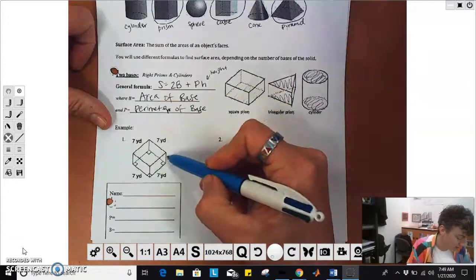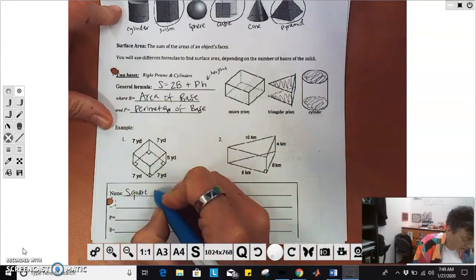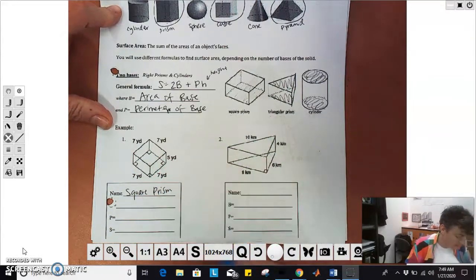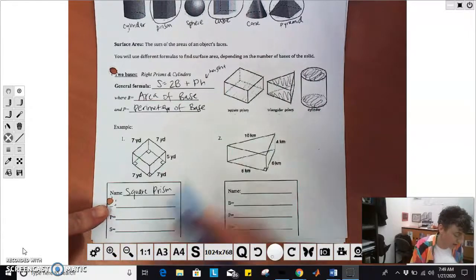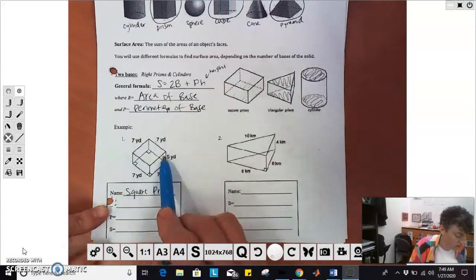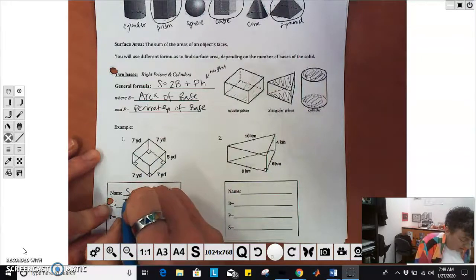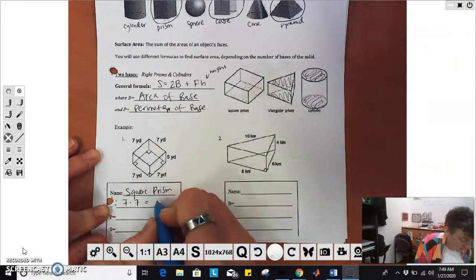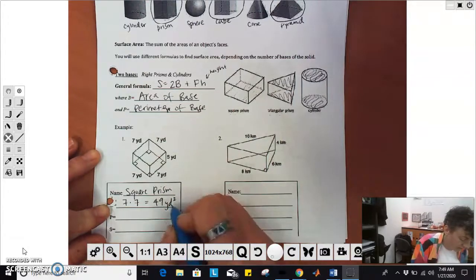The height is 5. B is the area of the base, the area of a square, length times the width. Since it's the same number, it's side squared. So our area of the base is 7 times 7, which is 49 yards squared.